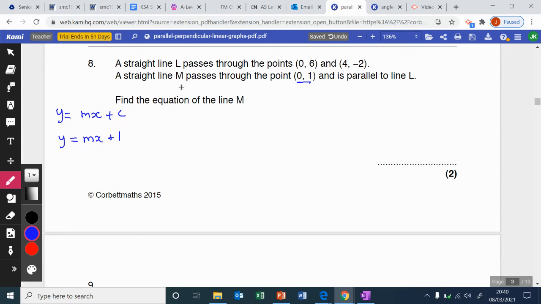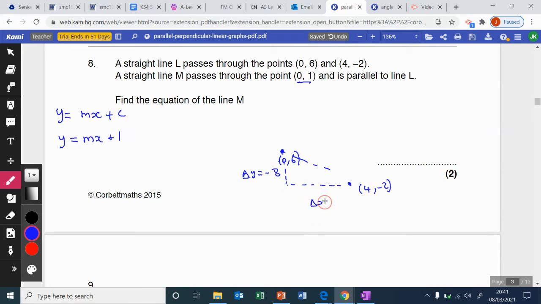And then to work out the gradient of M, we need to work out the gradient of L because we know that the gradient of M is the same, as it's parallel. So we've got the points 0, 6, and then we've got 4, minus 2. So we've got the change in y goes from 6 down to minus 2. So the change in y is equal to minus 8.